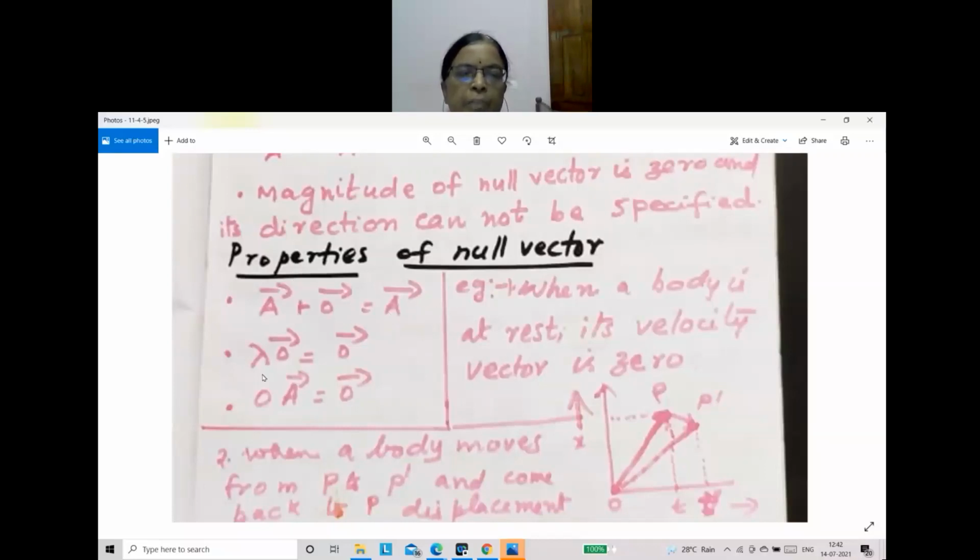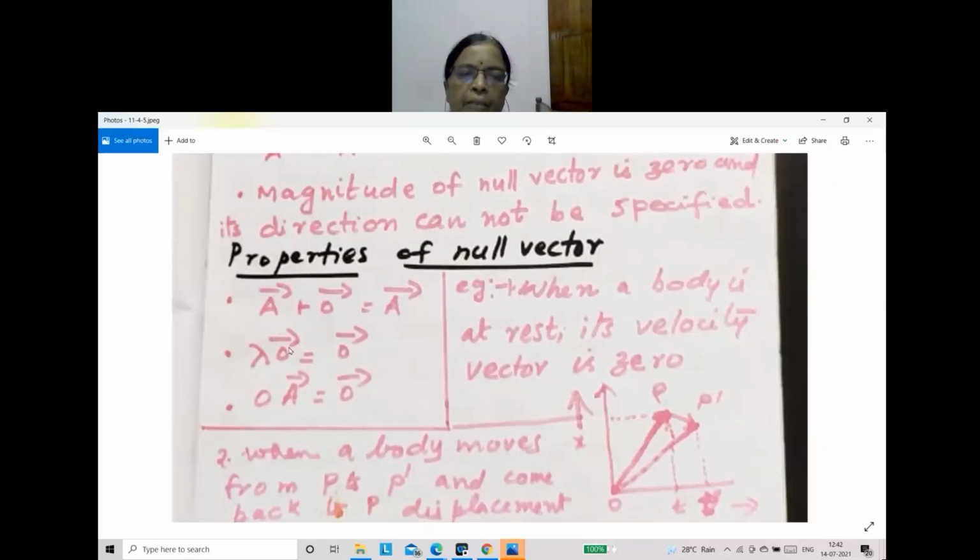Then multiplication, 0's property we are seeing here. When 5 is multiplied by 0, what does it become? 0. Just like that. This is a number 5, for example lambda, we are taking a real number.